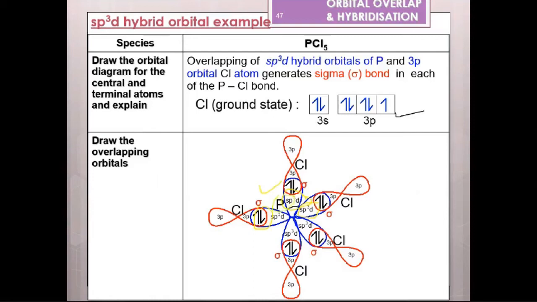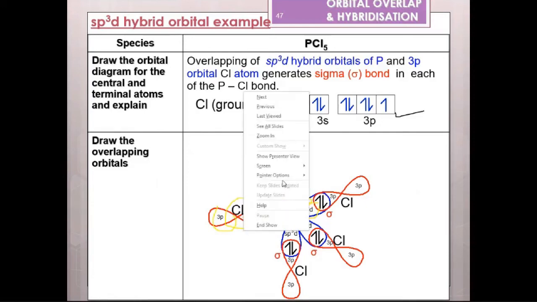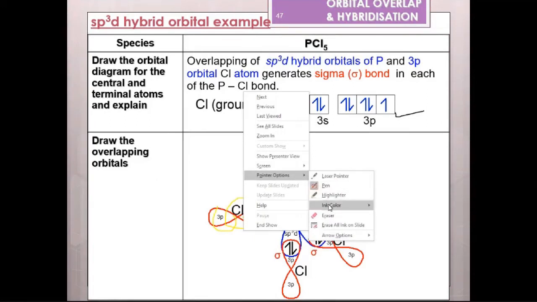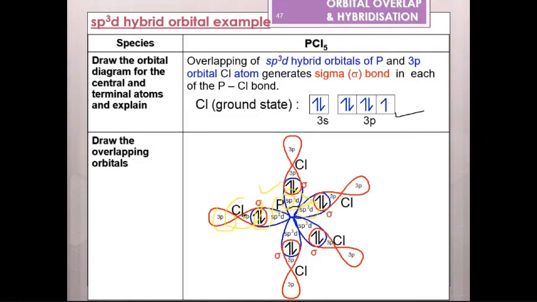Central atom phosphorus, terminal atom chlorine, terminal atom 3p. For 3p, label only once, no need twice. Right? It is only one 3p, not 2. Erase. sp3d 5, 3p 5, chlorine 5, phosphorus 1, sigma 5, electron pair 5.